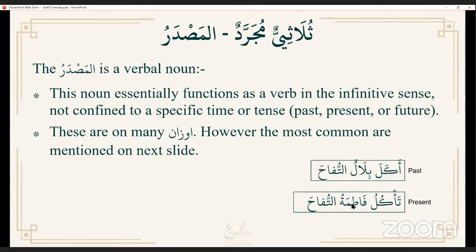Now let's say I say La uhibbul akala. What is uhibbu?